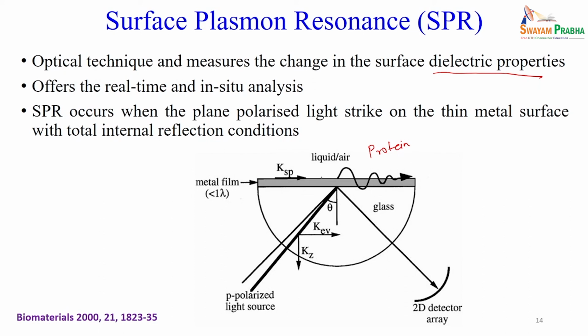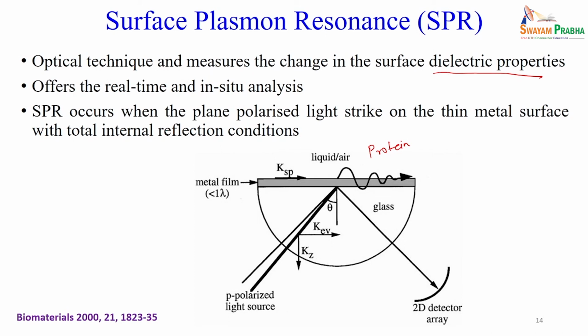At this top layer there is going to be some adsorption or interaction. So, when this polarized light source strikes the thin metal surface, we will observe the surface plasmon.